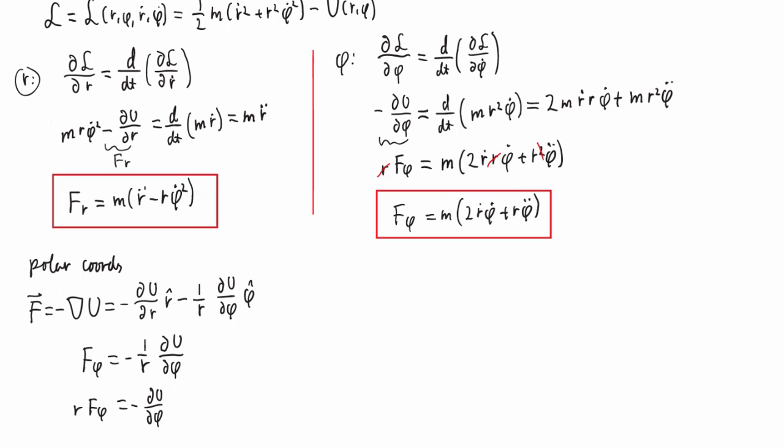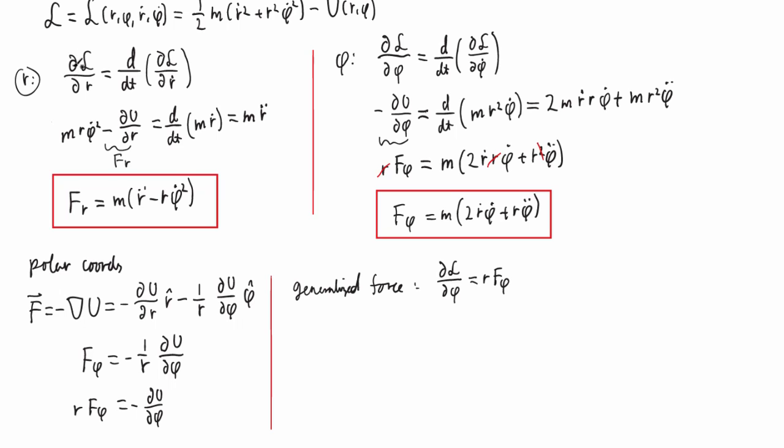The other thing I want to discuss here is the meaning of the generalized force and generalized momentum in this system. Okay, so let's look at the generalized force first. Generalized force is ∂L/∂phi, that's r times f sub phi.